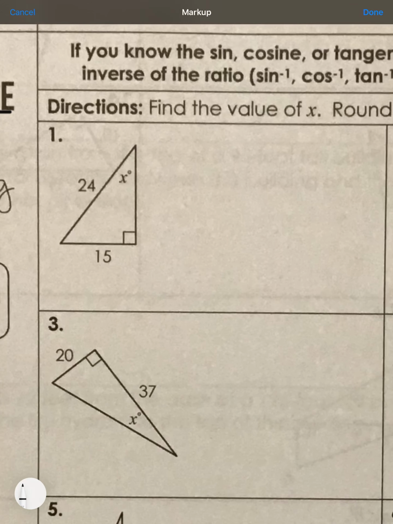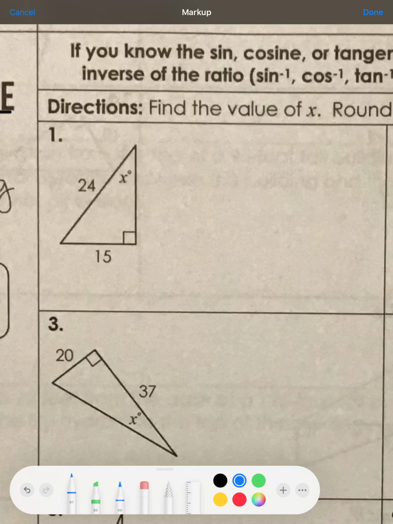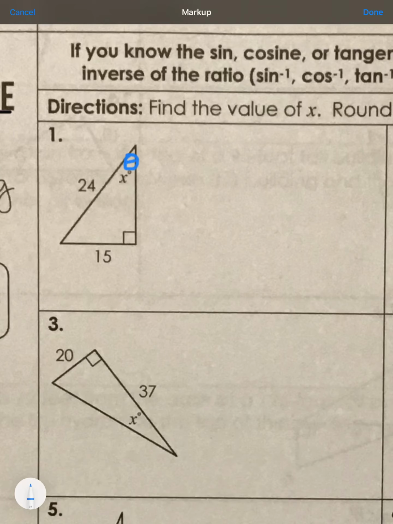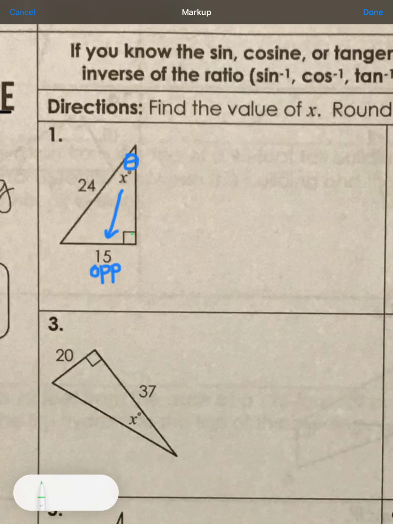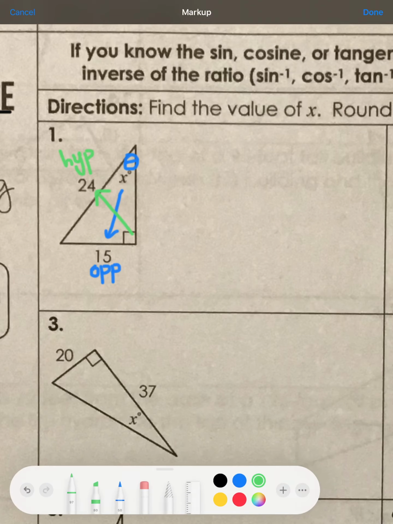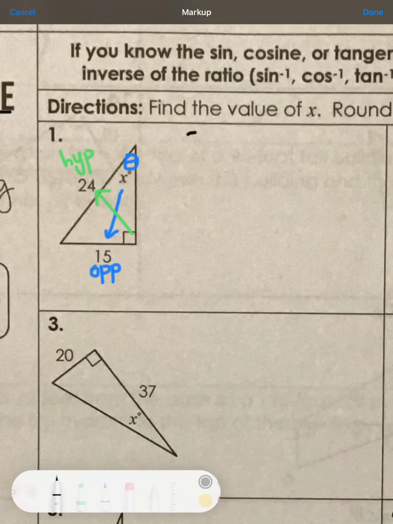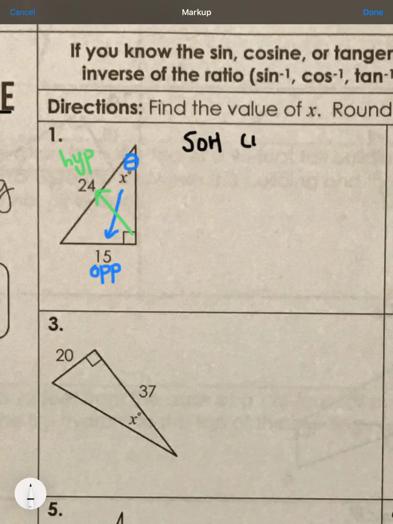This is page 5 of the trig ratios packet, and this time we're going to be finding the angle. So if I look at number 1, I have my angle is still x, and across from the angle, that's our opposite side, and across from the right angle, that is our hypotenuse.